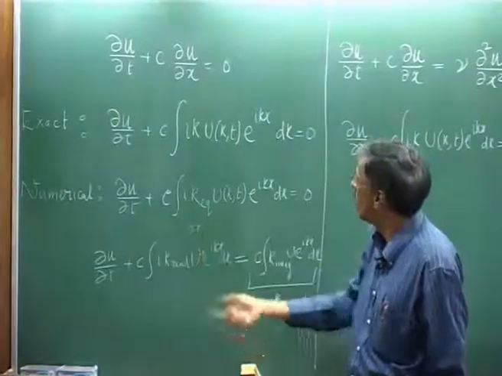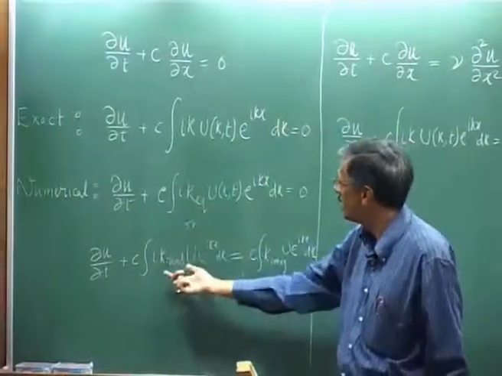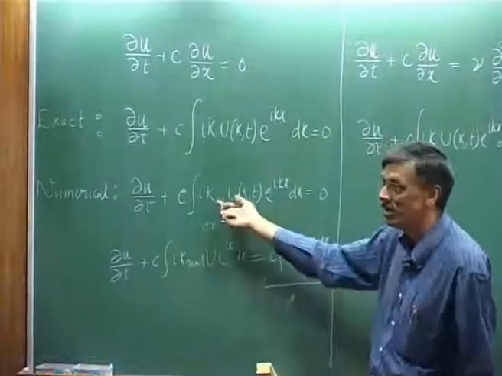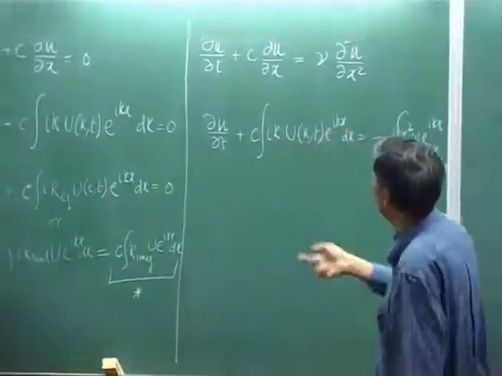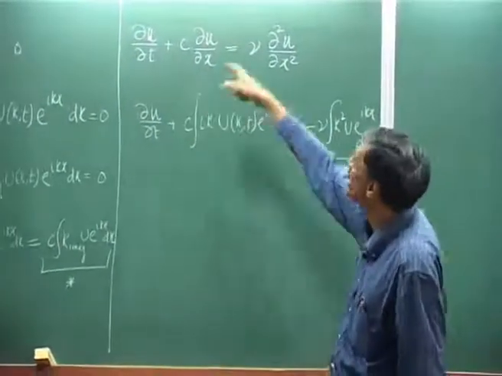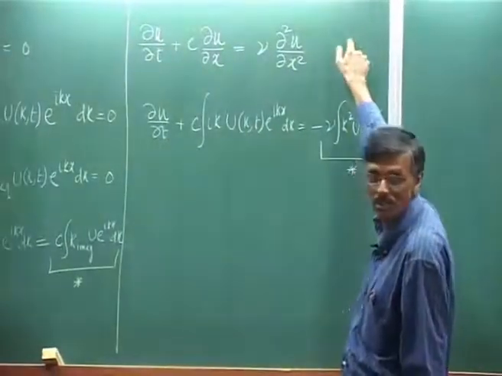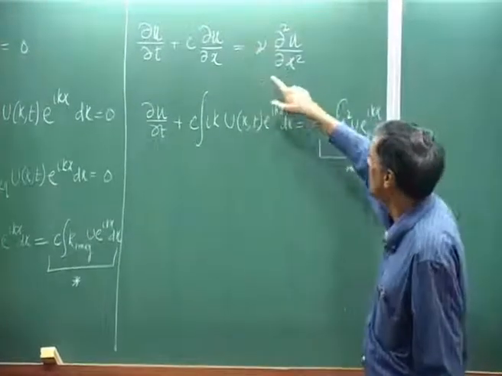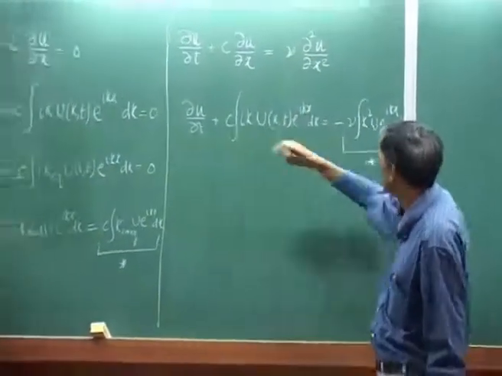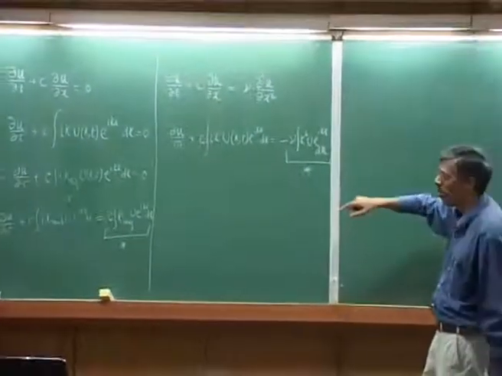If I split this i k equivalent into real and imaginary parts, the imaginary part goes on the right hand side. You look at the corresponding dissipative equation. So, this is the source of dissipation here.